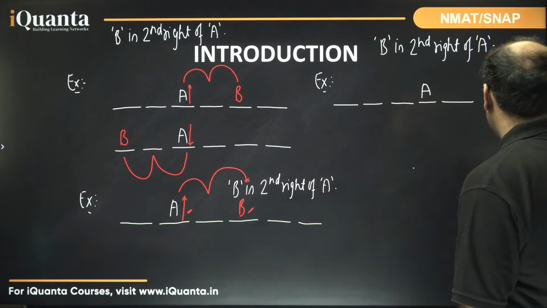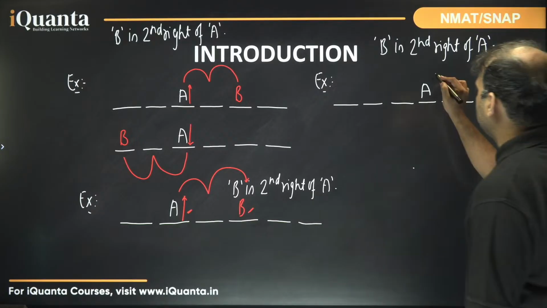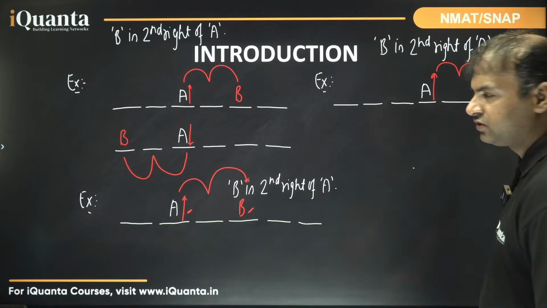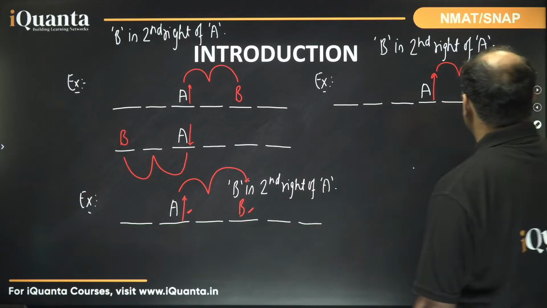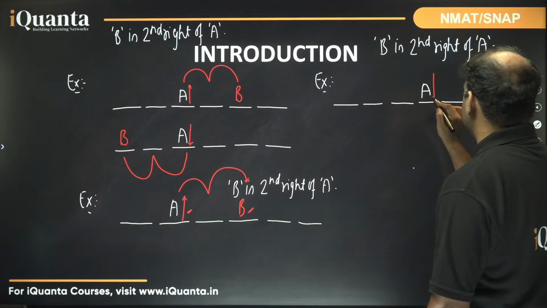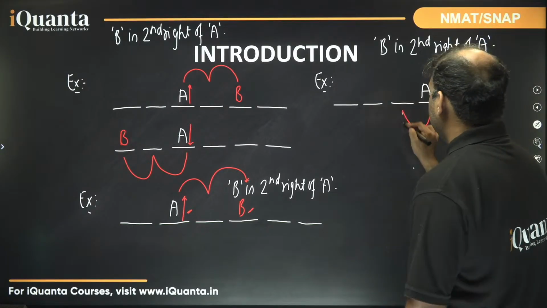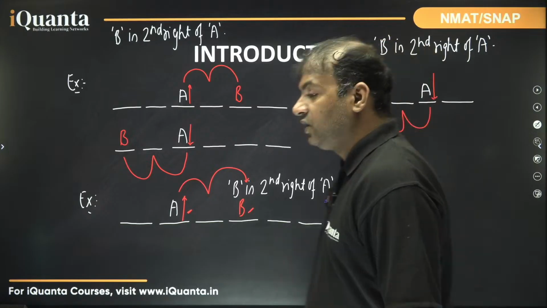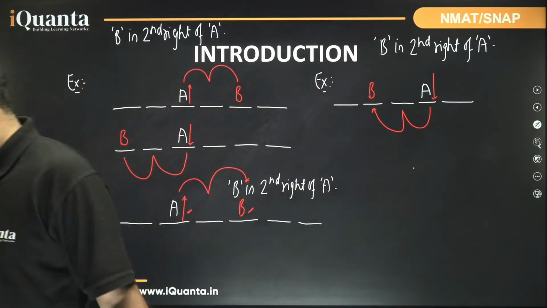Now I'm sure you can understand that if A is facing north this time, there will not be any second right place of A. So A cannot face north, simple as this. That means A has to face south, and the second right of A, this place, has to be the place with B. This is how we can say that B is second right of A in this particular case.